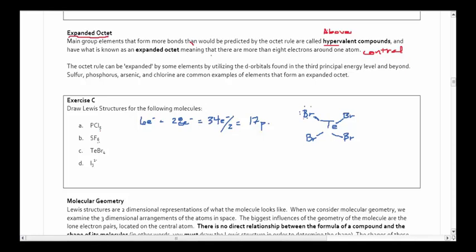As you can see, these terminal atoms, outside of being hydrogen or beryllium or boron, are all going to have 8. So that's 4, 8, 12, 16. I have 17 pair. I know I expand my octet, so that's my 17th pair right there.